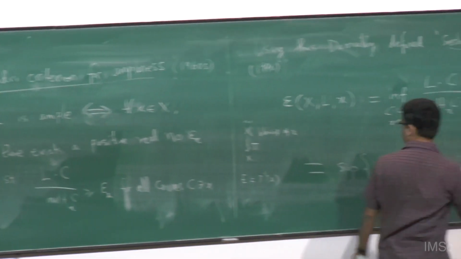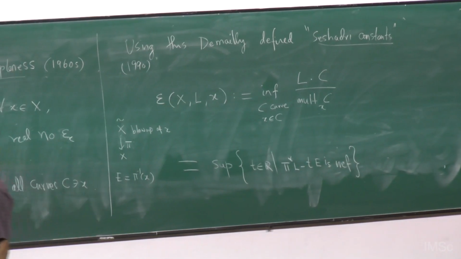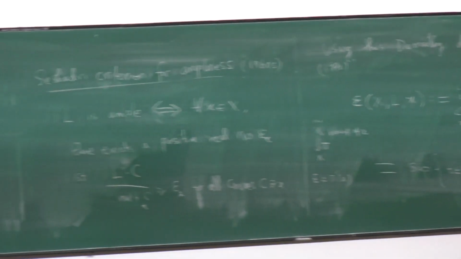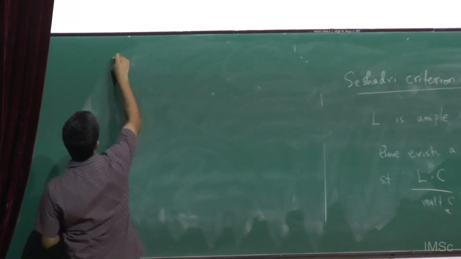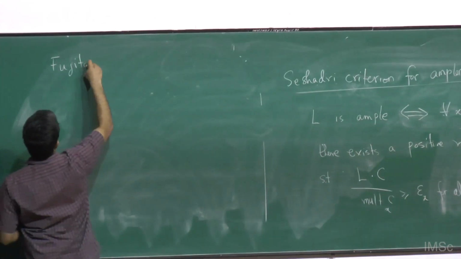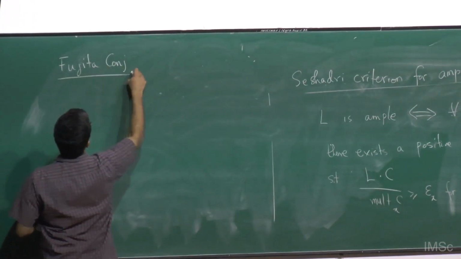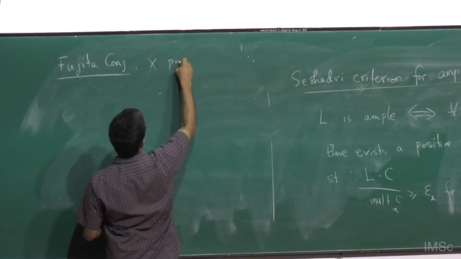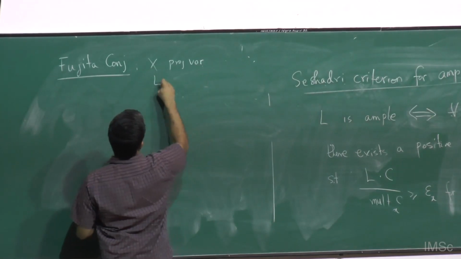And a quick word about why Demailly, or at least one of the reasons why he defined this, or thought about this. So there is a famous conjecture which is open as of today in general, called the Fujita conjecture. Okay, so X a projective variety, L ample.